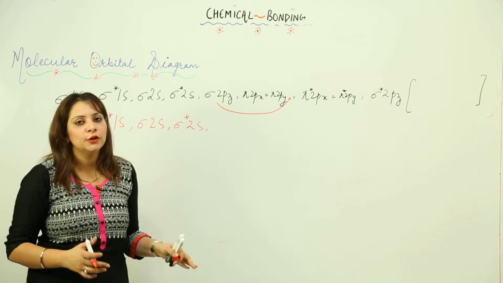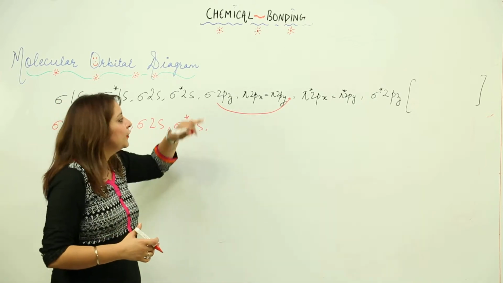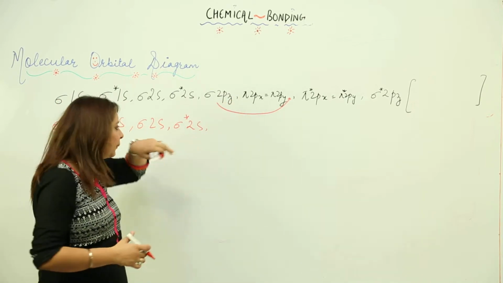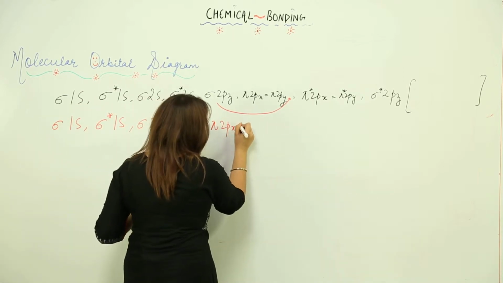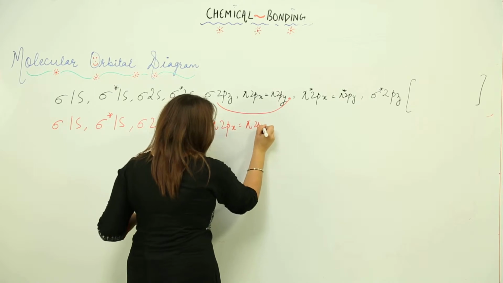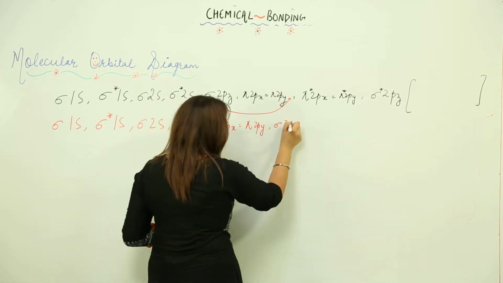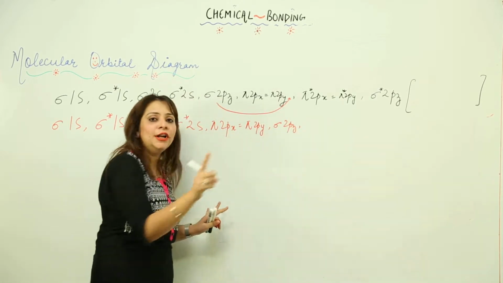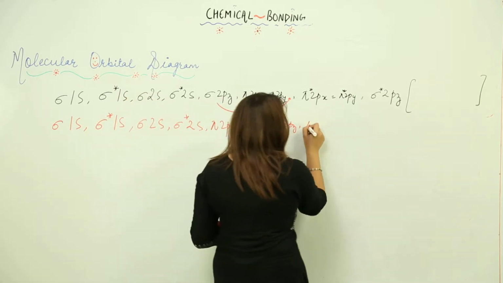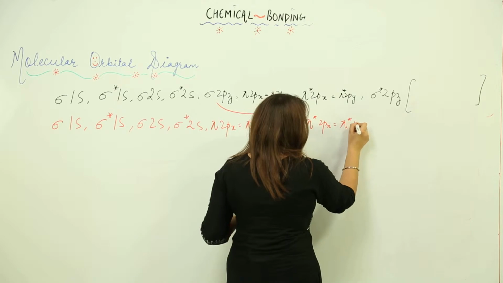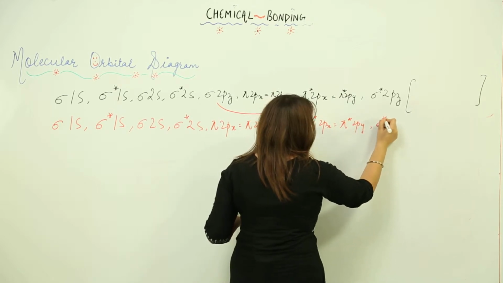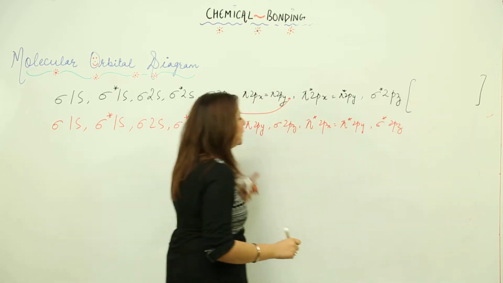Not for many molecules, there are exceptions which follow this rule and others which follow the other rule, right. So here lies the difference: pi 2px is equal to pi 2py, now sigma 2pz, but the anti-bonding remains the same, right. So this is the order.